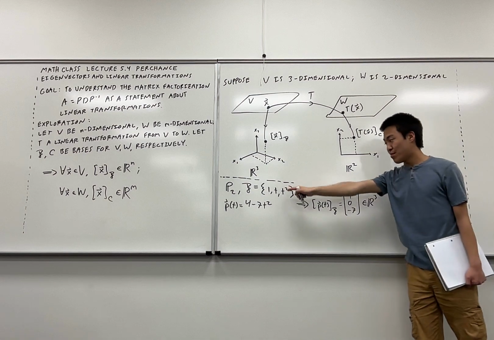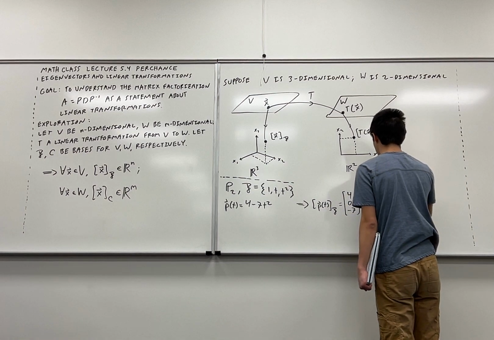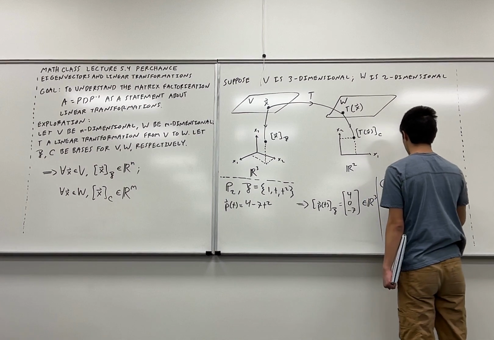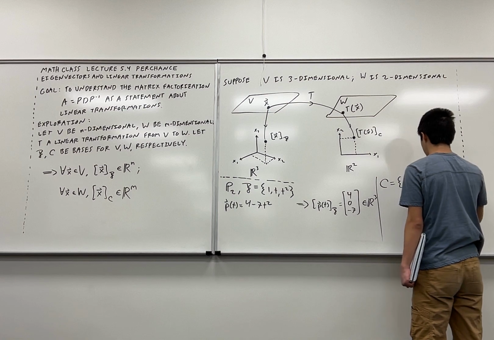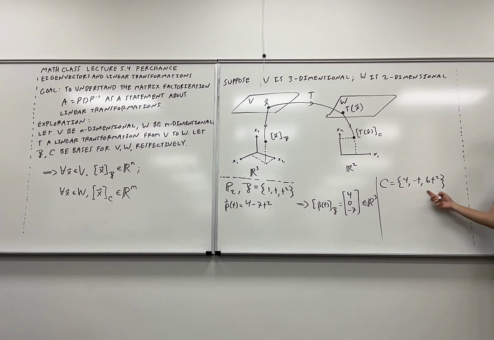Now let's say I change the basis. So now I have some other basis, C, 4, minus t, and 6t squared. Is this still a basis for my P2? Yeah, because they're all linearly independent from each other. And this will span all of the possible quadratics.